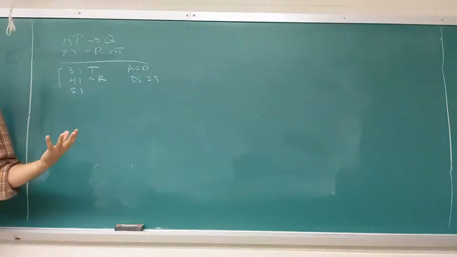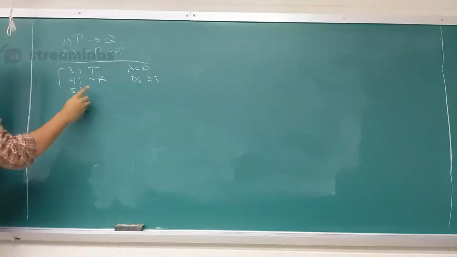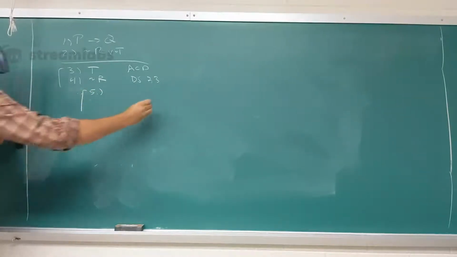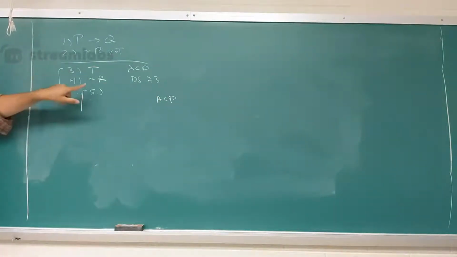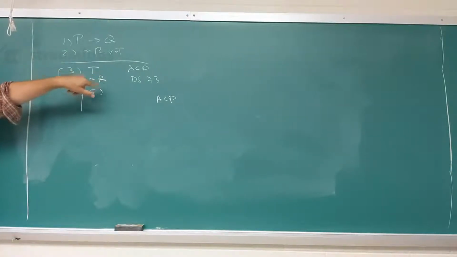Well, what I can do is make a second assumption. How would I do that? An indent within the indent. Now I'm doing a conditional proof within a conditional proof. So I started with this assumption, I got not R. Now I made another assumption within that assumption.